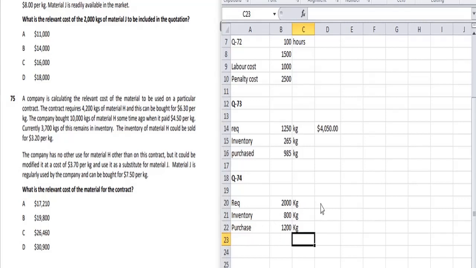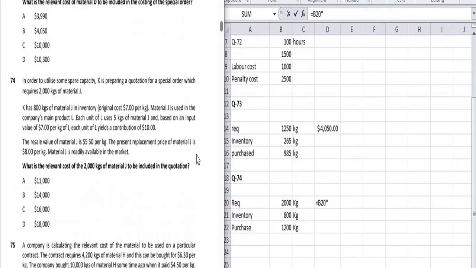The whole material will be purchased at the current market price because it is readily available in the market. The current market price, the replacement price, is 8. So 16,000 will be our relevant cost.